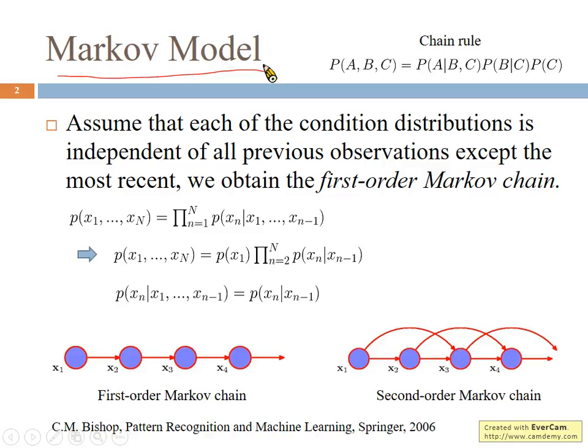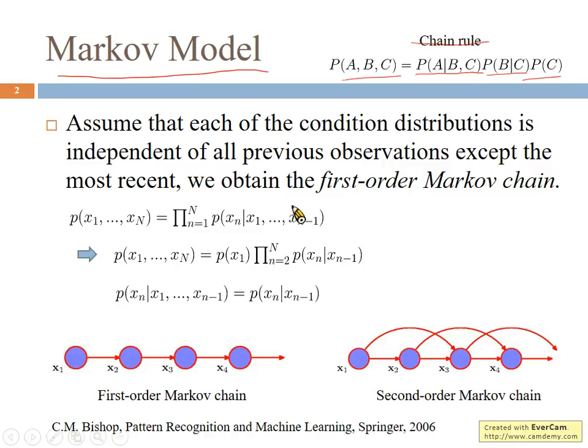As we know in probability, the joint probability of three random variables A, B, and C can be expanded by the chain rule. That is, probability C multiplied by probability B given C, and then multiplied by probability A given B and C. Such a chain rule can calculate the joint probability of many random variables.